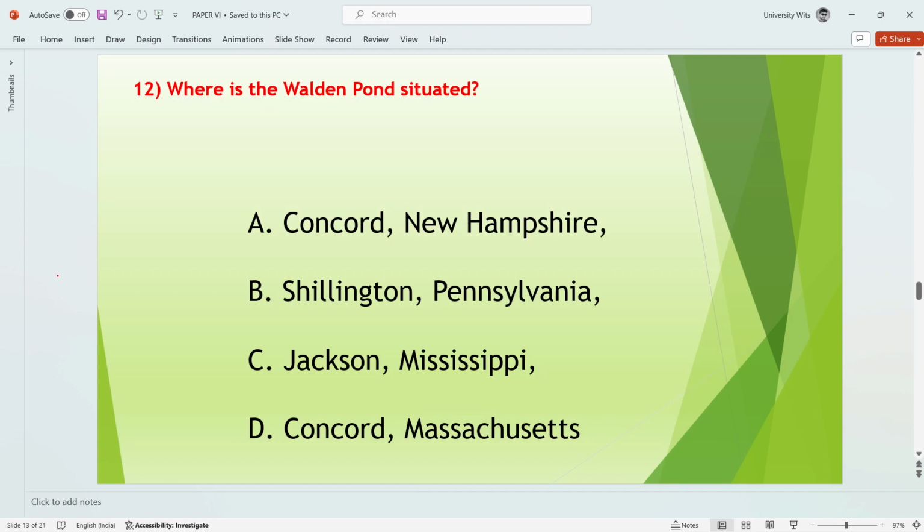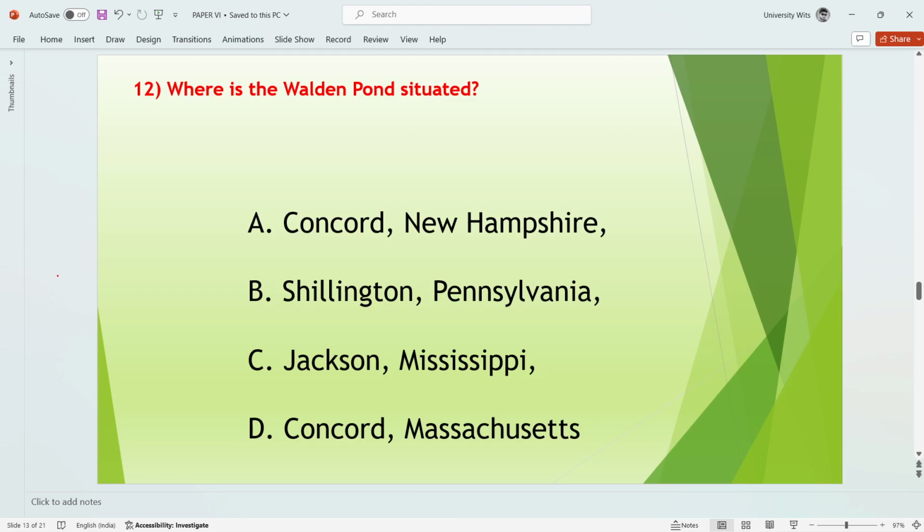I think Concord, Massachusetts is the correct answer because Walden Pond is most famous for its association with American writer Henry David Thoreau. Thoreau lived in a cabin near the pond for 2 years and wrote his influential book Walden, or Life in the Woods.